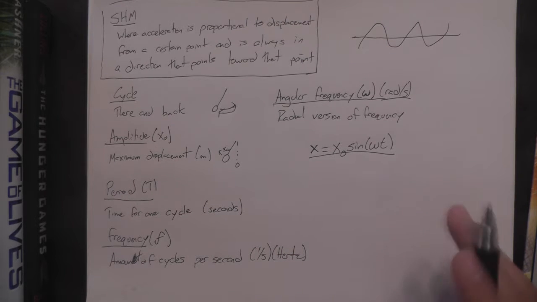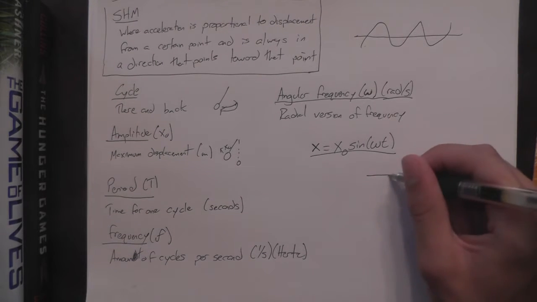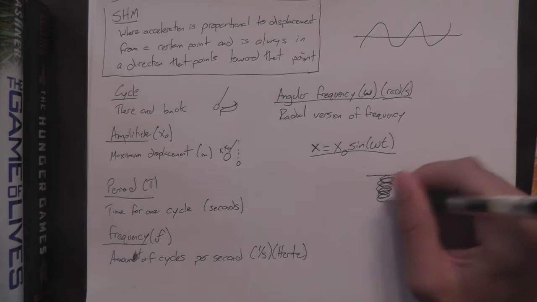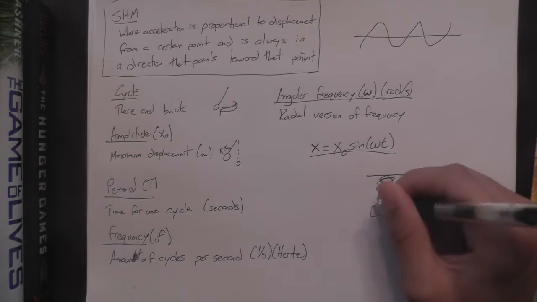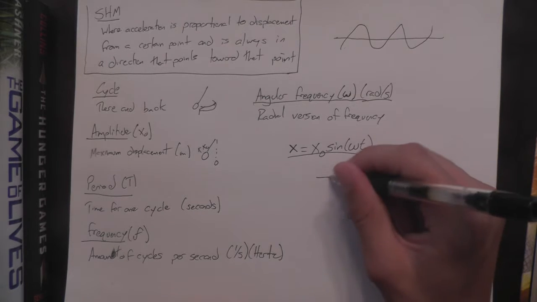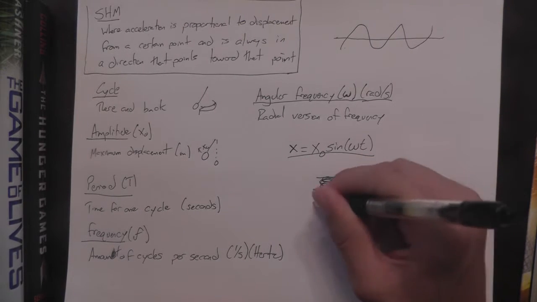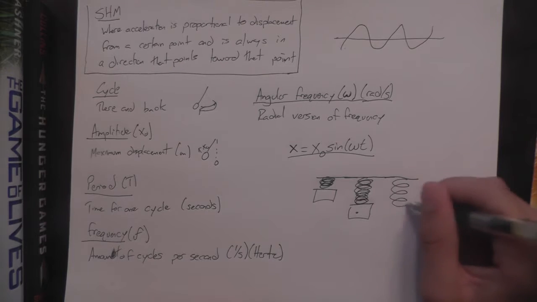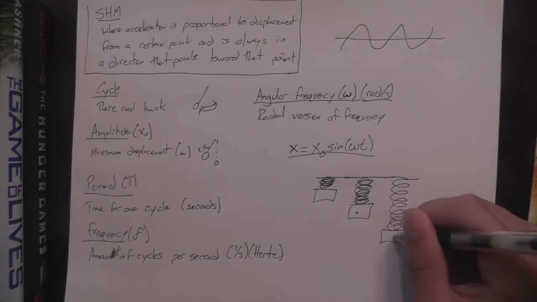Now we can also represent simple harmonic motion in one other form, which is mass on a spring. If you imagine, for a second, a spring and a block on it. Let's say this is equilibrium position. Let's say you put the spring into motion, where it can be up here, or it can be all stretched out and down here.